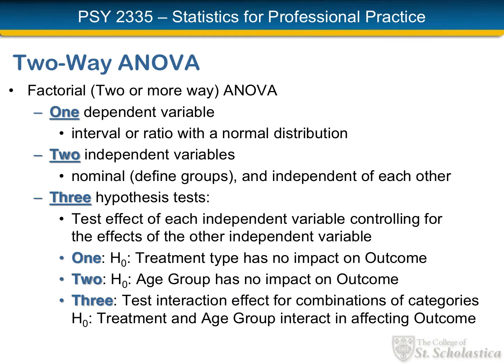Our two-way analysis of variance has a number of components and then ends up yielding a number of parts in the results, so it's worthwhile to list them and look at all of them. We have just one dependent variable. It's measured at the interval or ratio level.